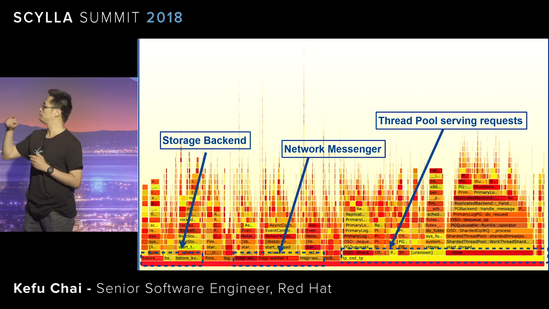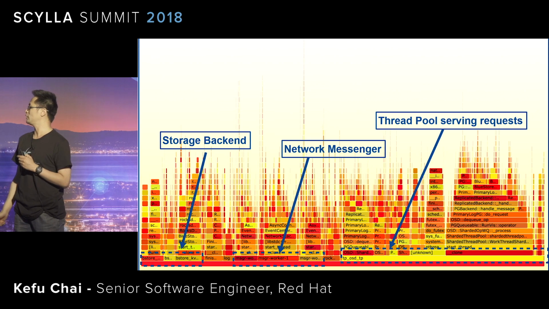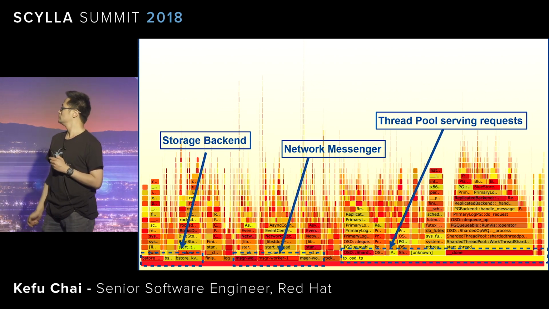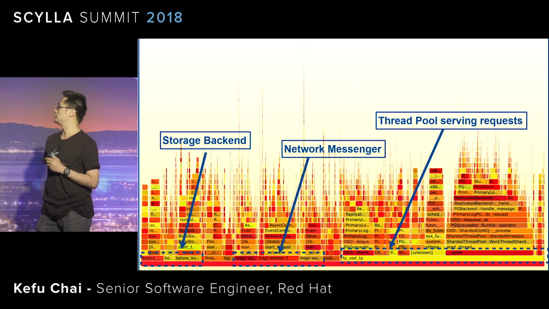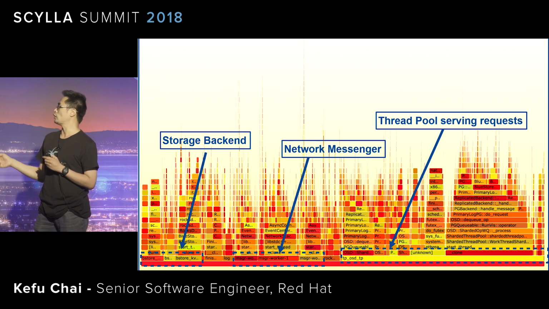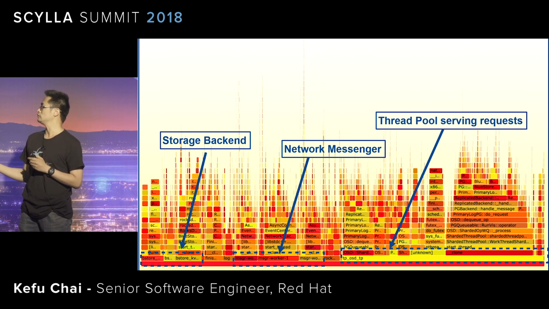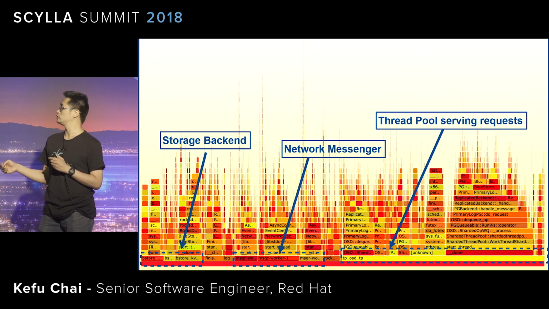This is the flame graph collected from my test on my desktop. The 3 major consumers of CPU cycles are: first, the thread pool serving requests; second, the network messenger, which is responsible for reading from and writing to the wire; and third, the storage backend, which is responsible for talking to the underlying disk.